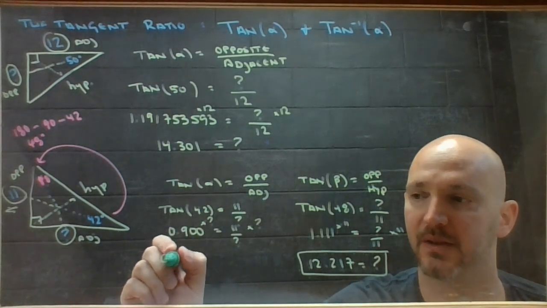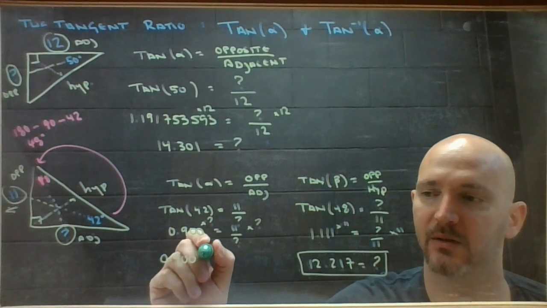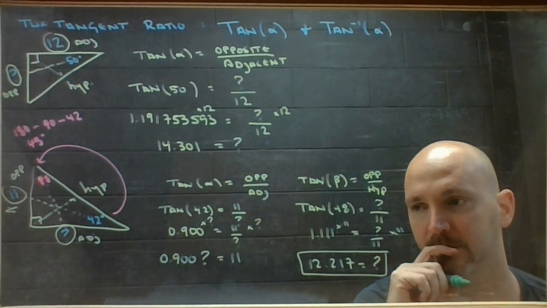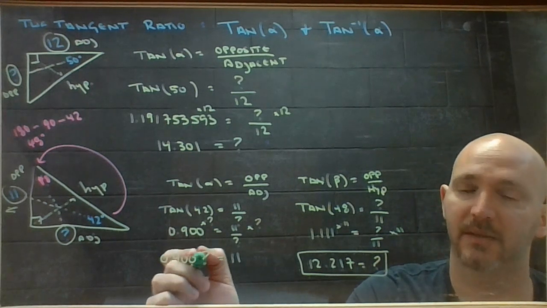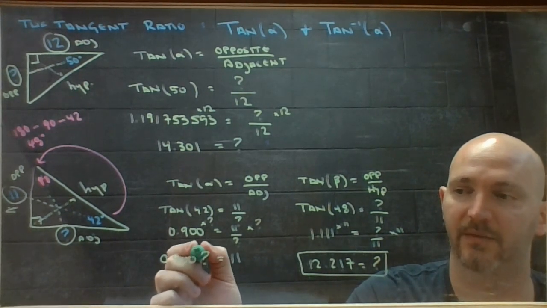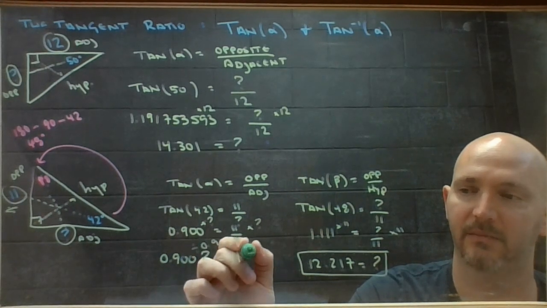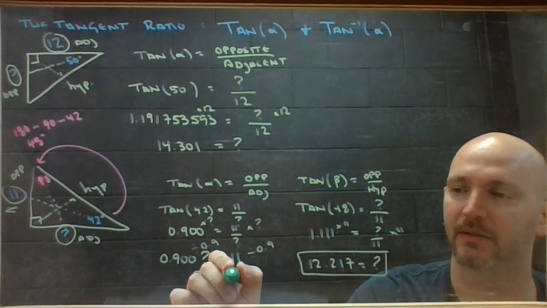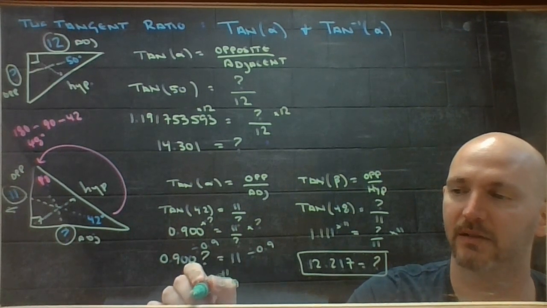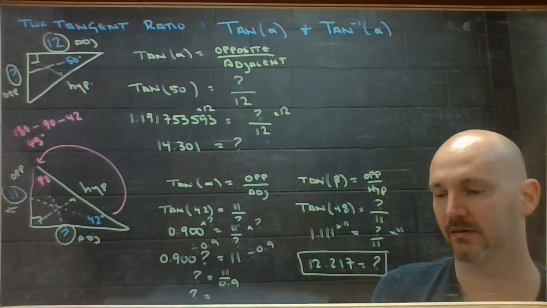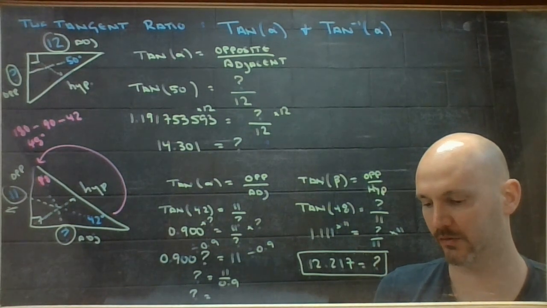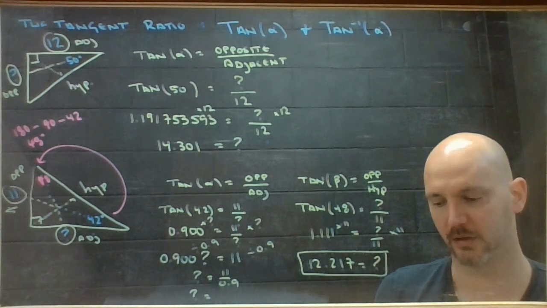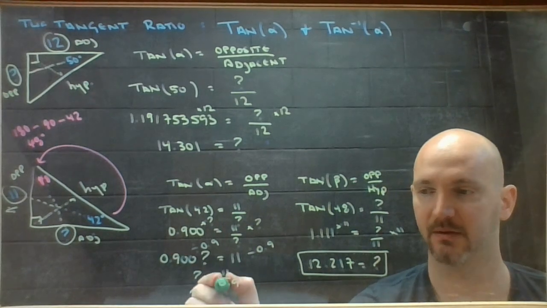So I end up with 0.900 question mark is 11. And I need to break this multiplication with division. So I'm going to have to divide both sides by 0.9. And I end up with 11 over 0.9, which is 12.217 if I round.